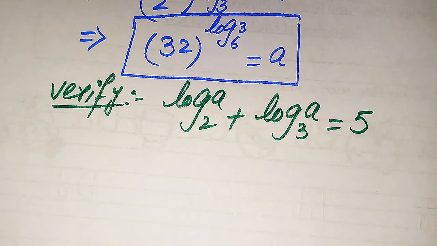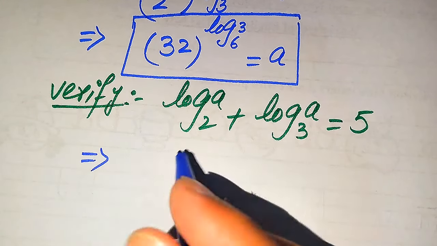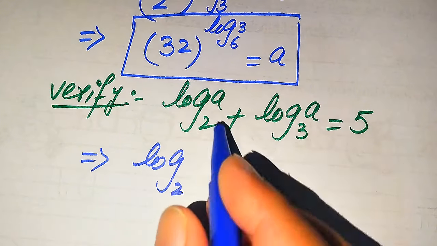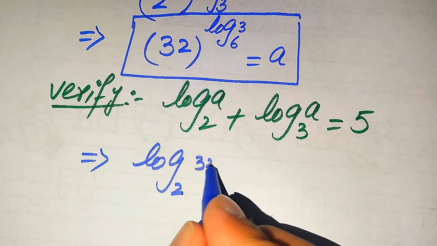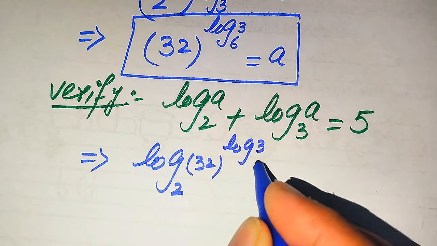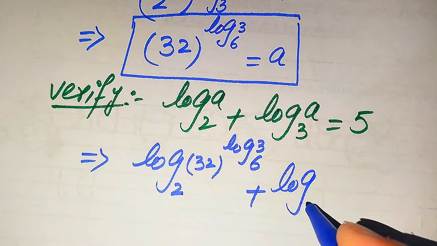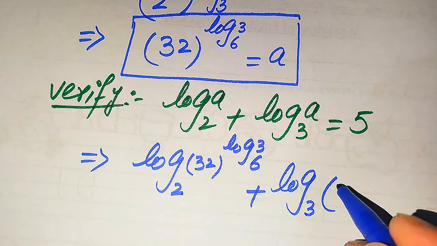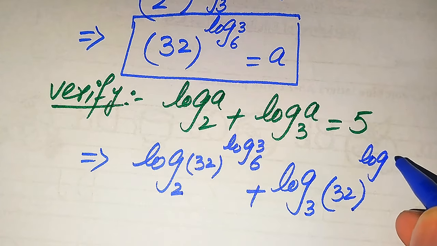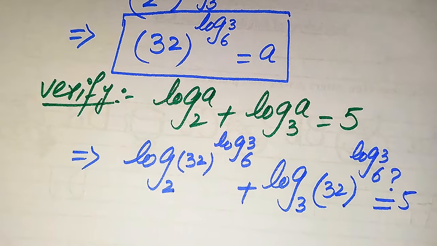When we put this value here, it becomes log with base 2 of 32 to the power of log 3 with base 6, and plus, in the same pattern, we put the value of a here: log with base 3 of 32 to the power of log of 3 with base 6, and here we check whether this is equal to 5 or not.